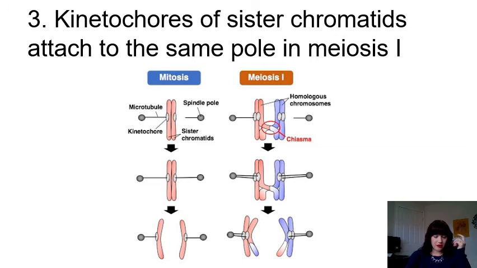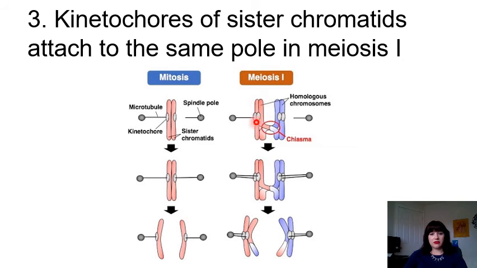So how does that happen? It is because the kinetochores of sister chromatids attach to the same pole. You're like, what the heck does that mean? Let's look at mitosis. We've got our two chromosomes, our sister chromatids, and when the microtubules are out fishing for DNA, they attach to the kinetochore. There's one kinetochore for each sister chromatid, and they get pulled in opposite directions. During meiosis, we've got the two pairs hanging out really close together.